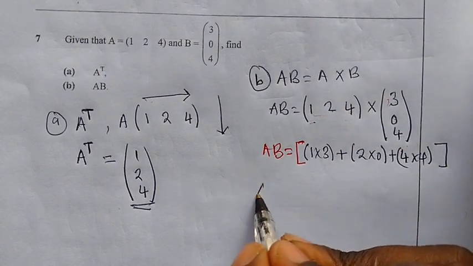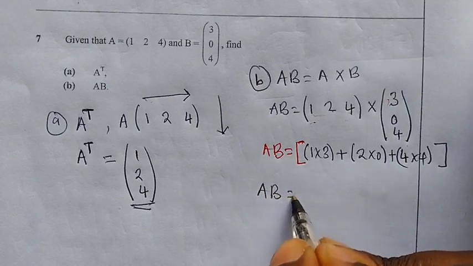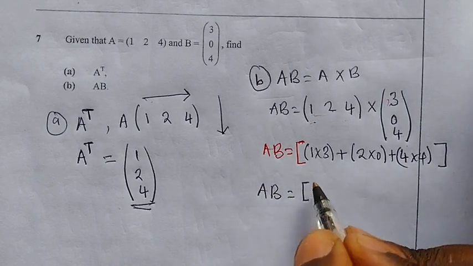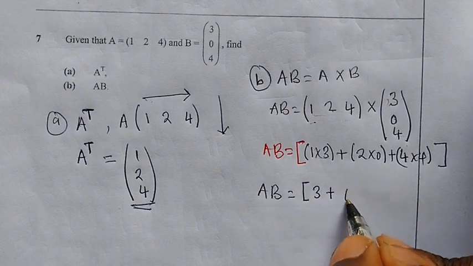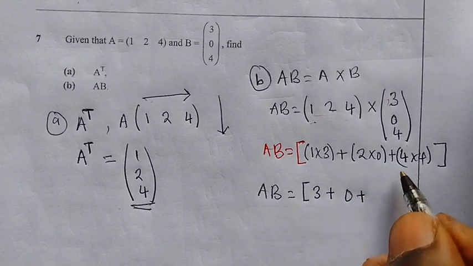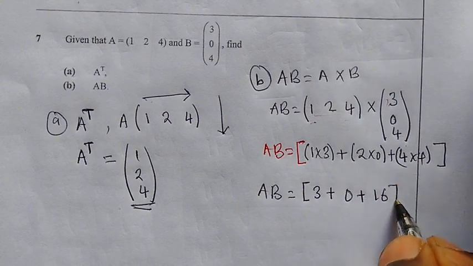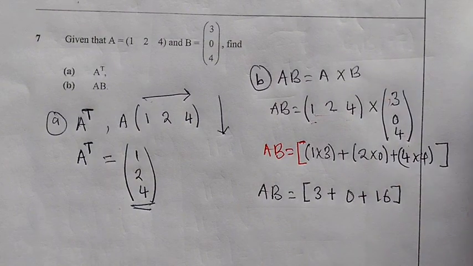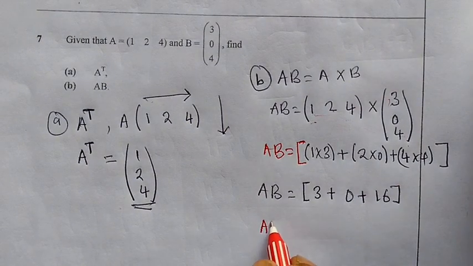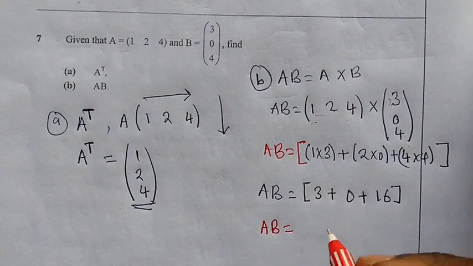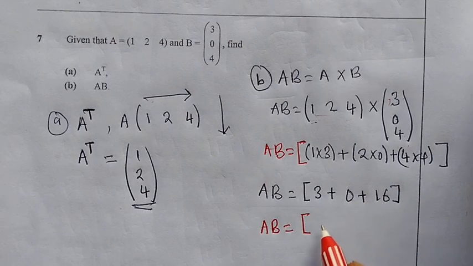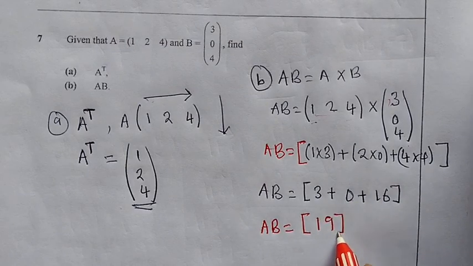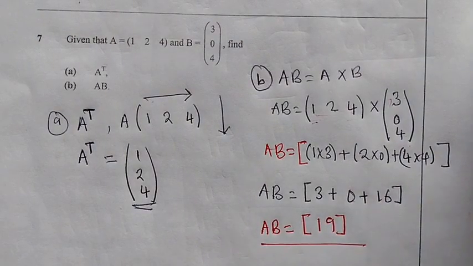Then matrix AB is equal to: 1 times 3 will get a 3, plus 2 times 0 a 0, plus 4 times 4 will get a 16. So our final answer, therefore AB is equal to 3 plus 0 plus 16, this will give us 19. So this is our answer.